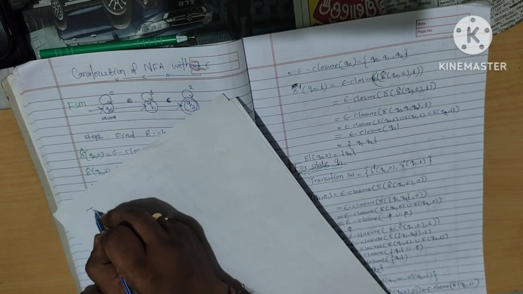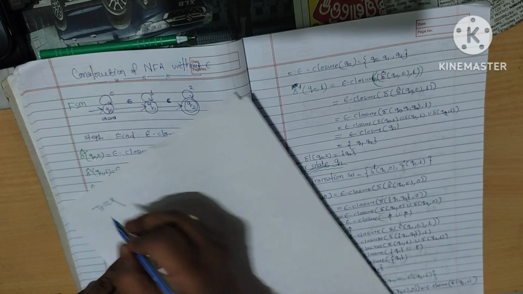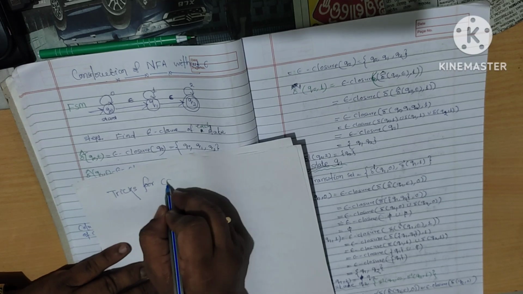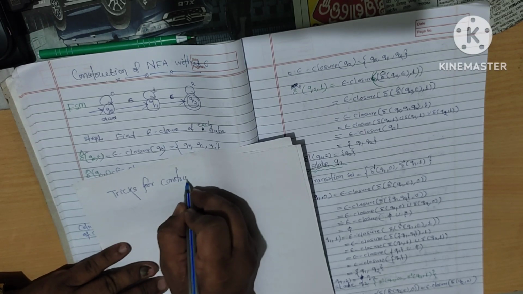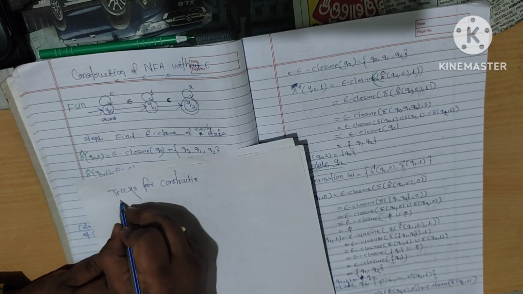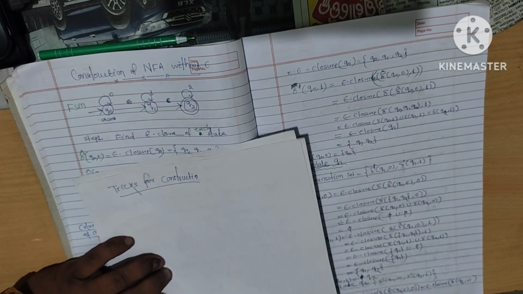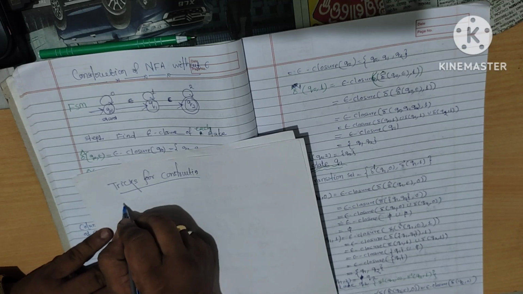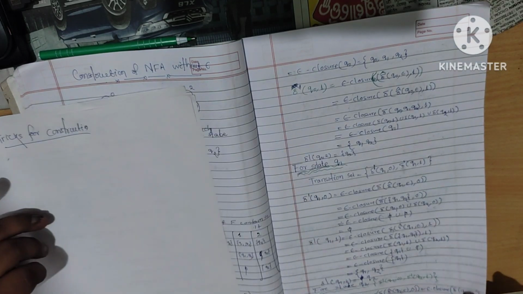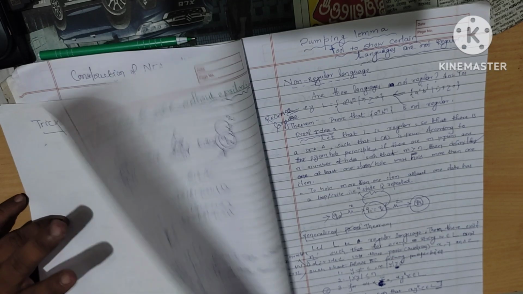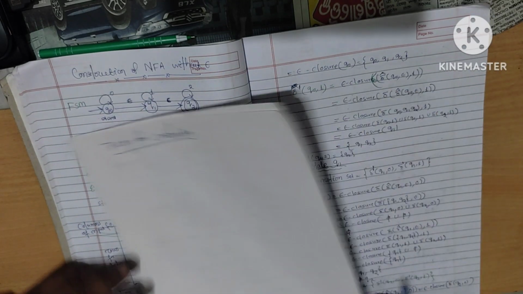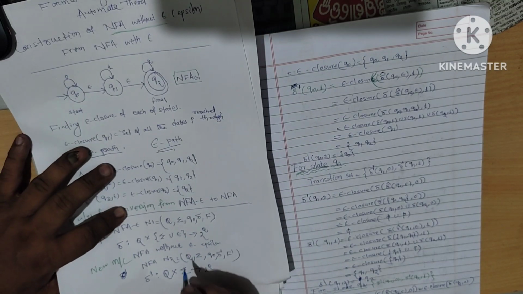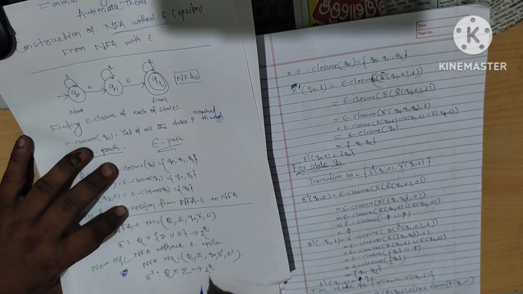Tricks for construction. Remember, whichever I am writing here, even if I am writing Q dash also, right?